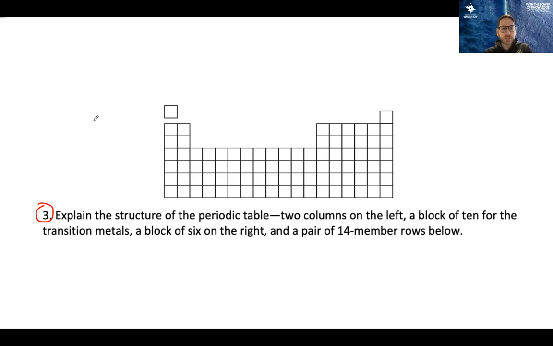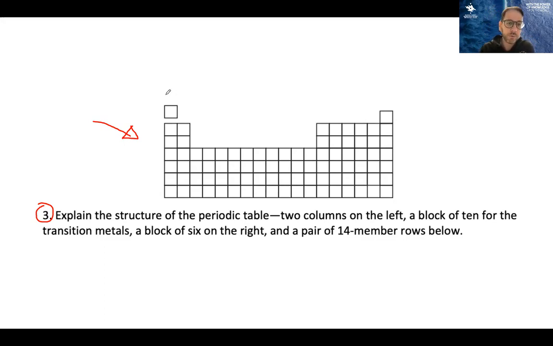This sketch is actually from question 2, not question 3, but I placed it here because it helps us with answering question 3. Maybe it was not so clear what exercise I wanted you to do, but actually, this is very simple. All that I want you to do is to describe how the periodic table is organized.